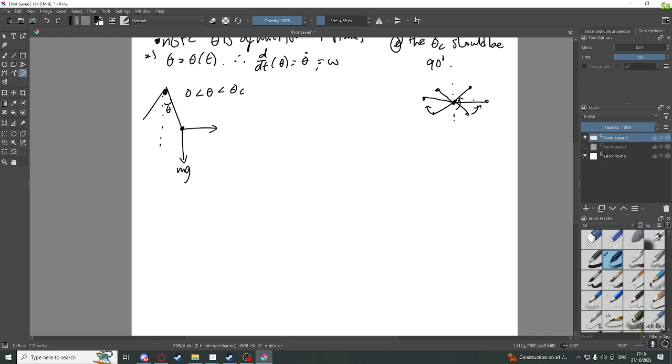Here the particle is still there, but I'm just not going to focus on that because the system will be symmetrical about this axis of symmetry. So this will be F, and again we're going to resolve tangentially to the pivot.